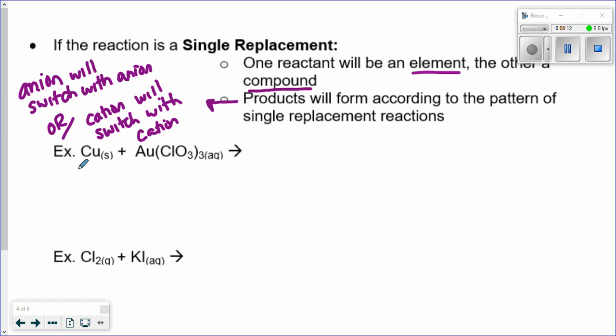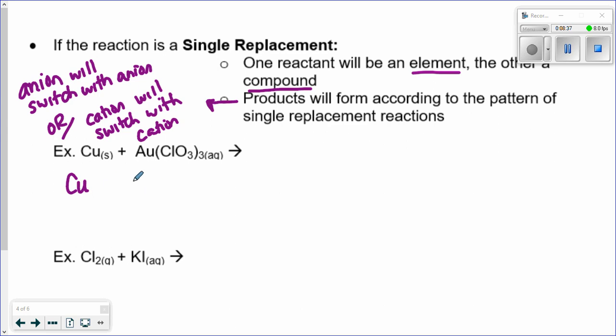So for this first one, we have copper and we have gold chlorate. I was right on the first one. So that's gold 3 chlorate because gold, again, can either be gold 3 plus or gold 1 plus. Since chlorate, I'm going to write this all out. I'm talking and not writing, so it's hard to understand.